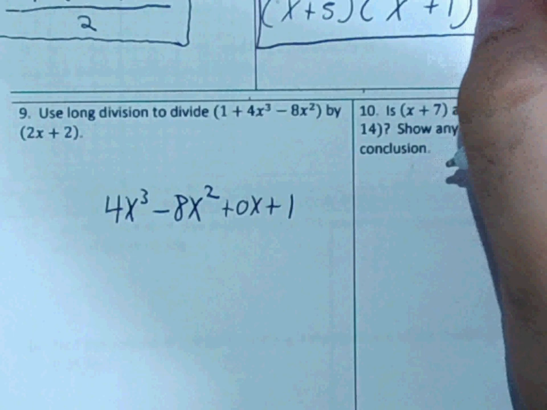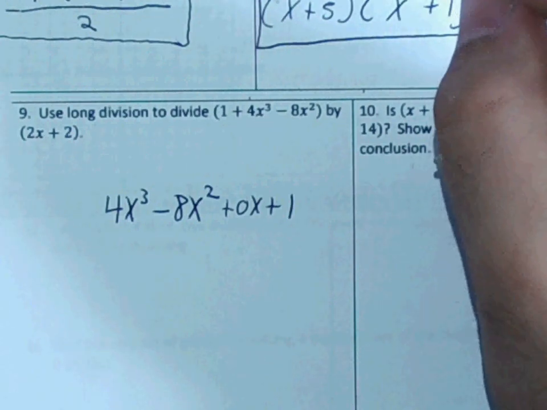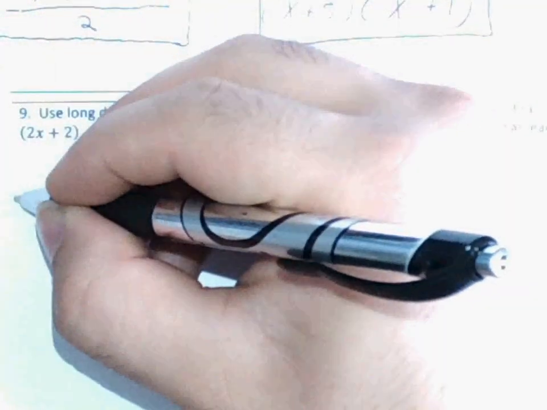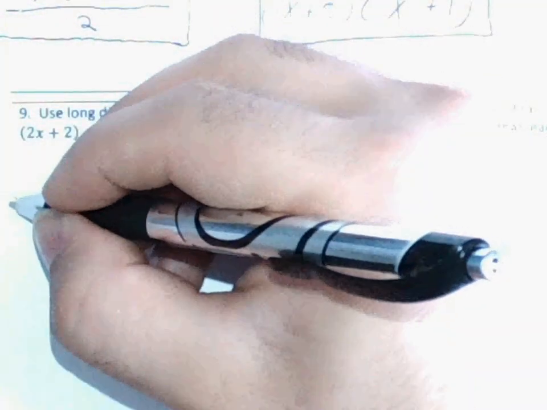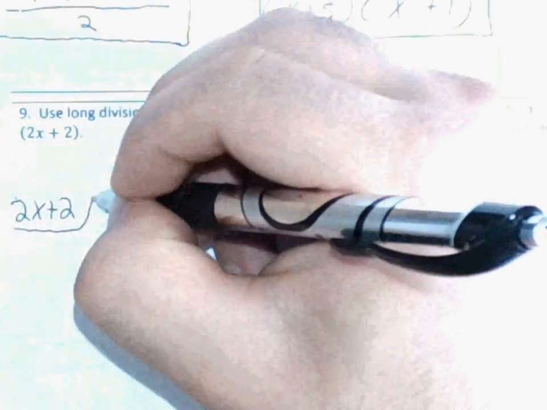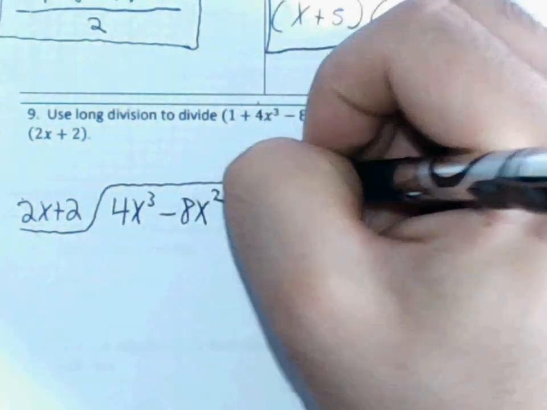That's our original term, and then our divisor is 2x plus 2. And we're going to do some polynomial long division.